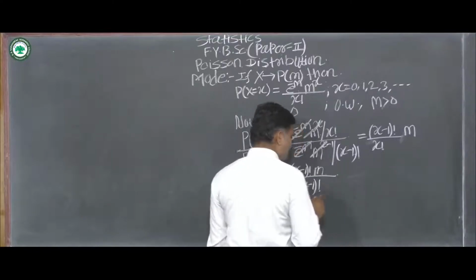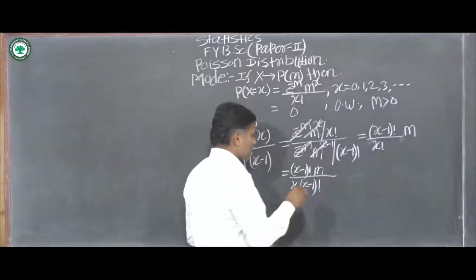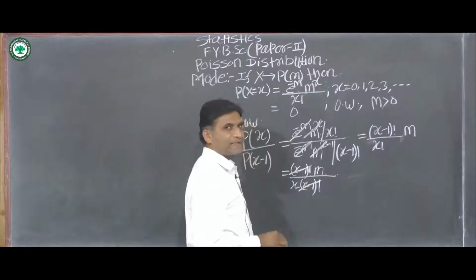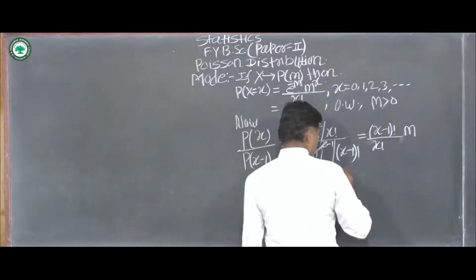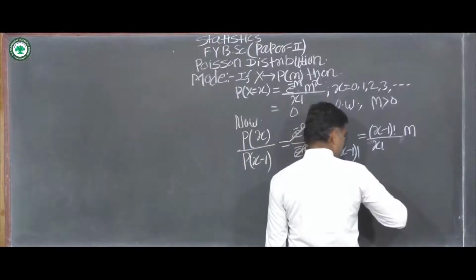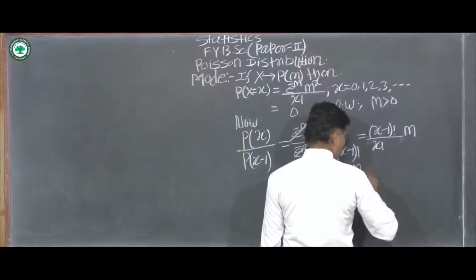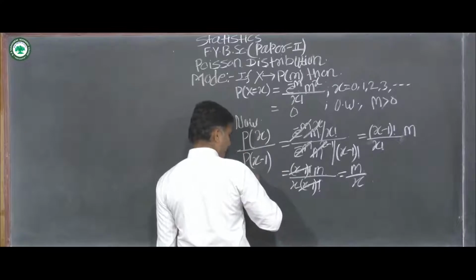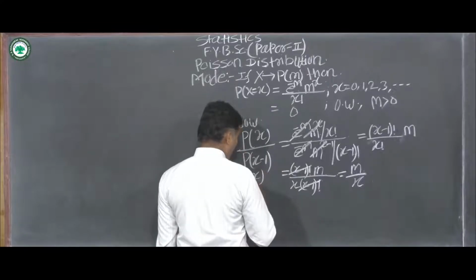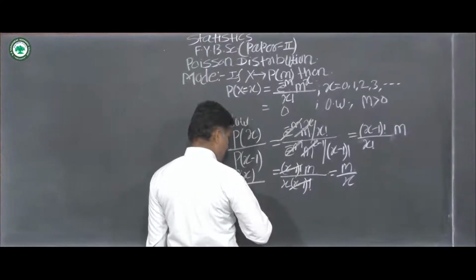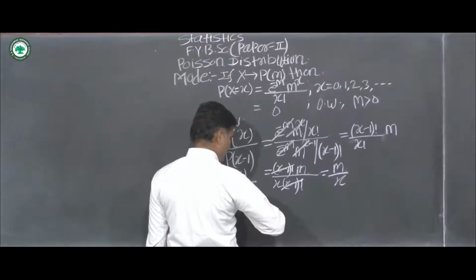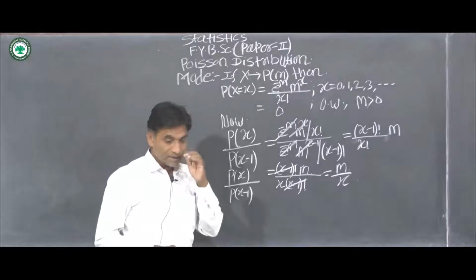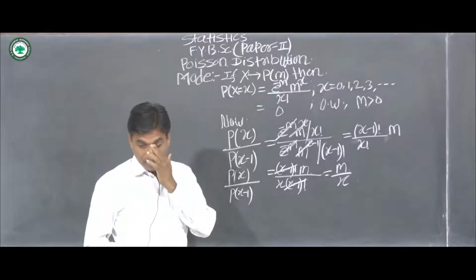So x minus 1 factorial cancels, and the remaining terms are m upon x. This ratio p of x upon p of x minus 1 is equal to m upon x.